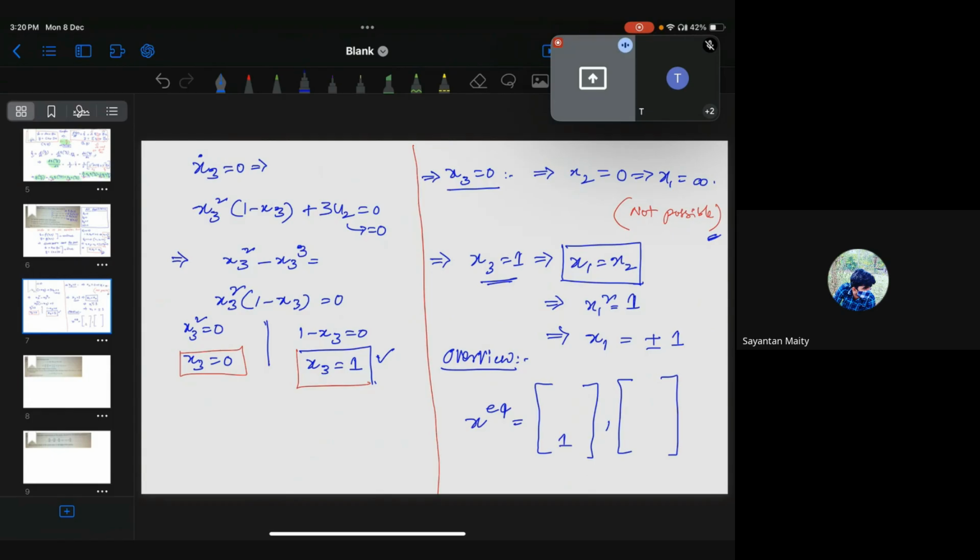We are considering only x3 equal to 1, in both the cases. Whereas x1 has two options, minus 1 and plus 1. Similarly, x2 has two values, because based upon x1 you'll have x2 as two values. Now you see these are the equilibrium points.